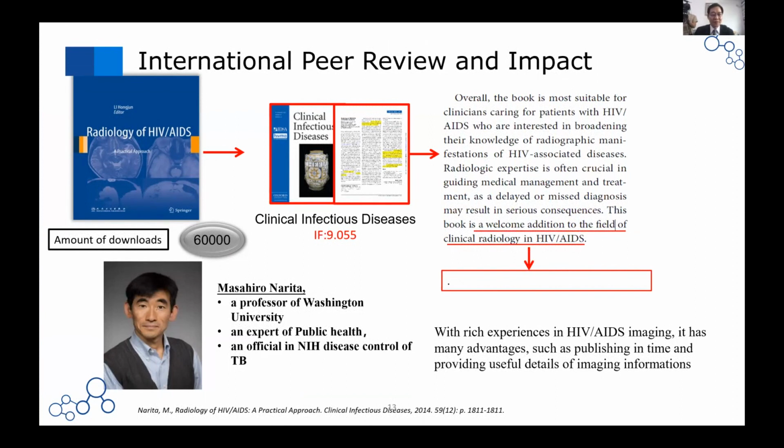Professor Narita wrote a book review published by Clinical Infectious Diseases, with recommendation to the field of clinical radiology in HIV/AIDS, and commendation to radiology in the worldwide.